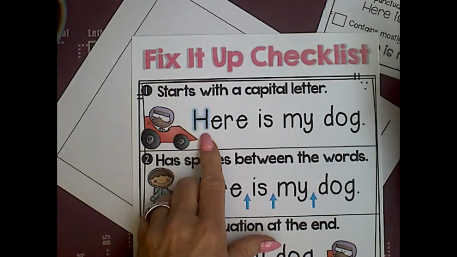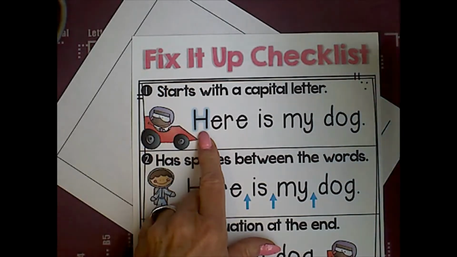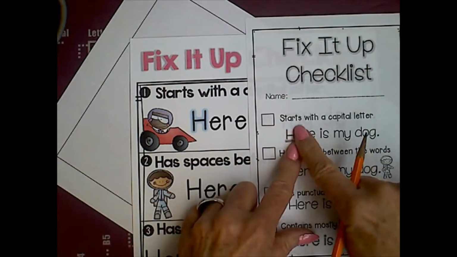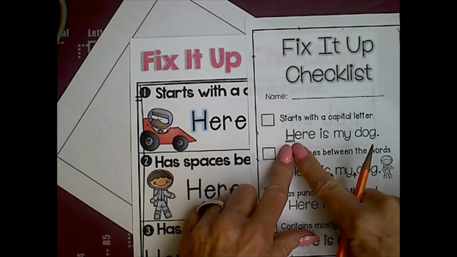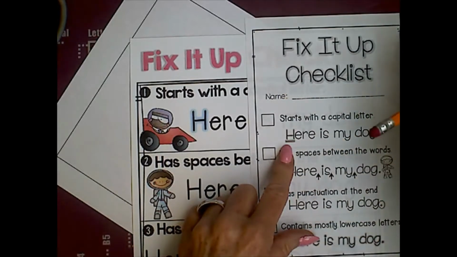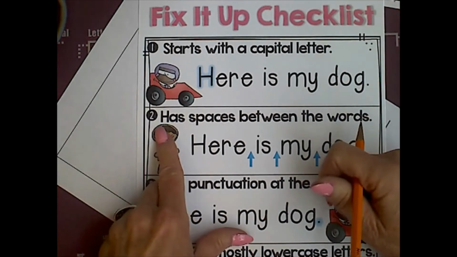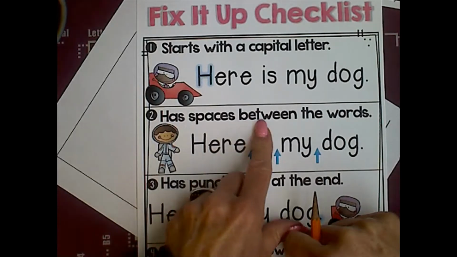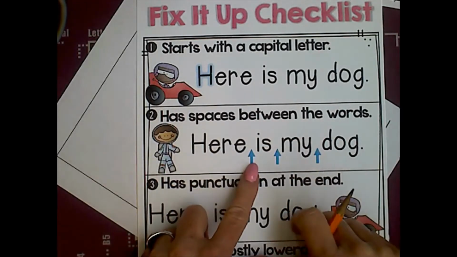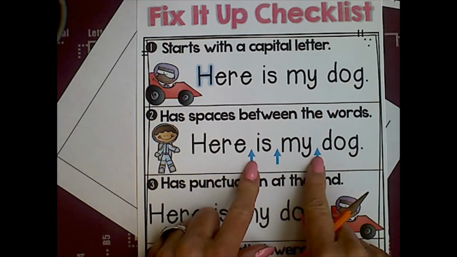So you're looking for, do your sentences start with a capital letter? And that says right here, starts with a capital letter, and it shows you some lines under the capital H. Number 2, has spaces between the words. That's really important, remember. If they're all squished together, then it's really hard to read.